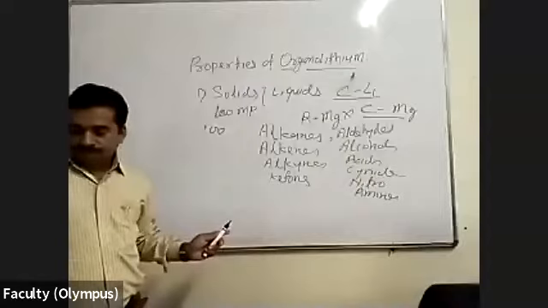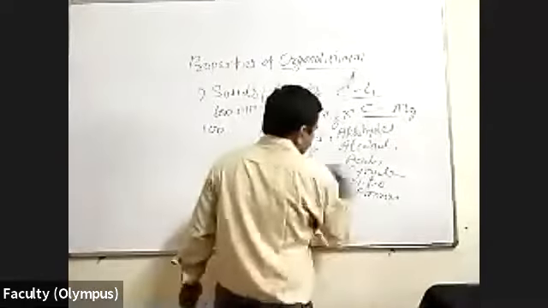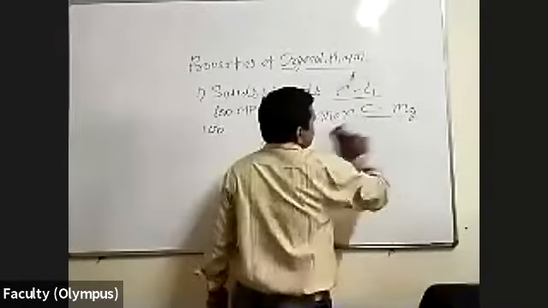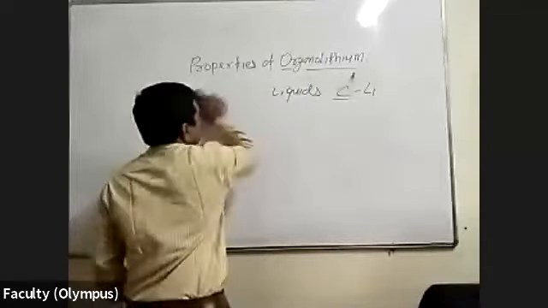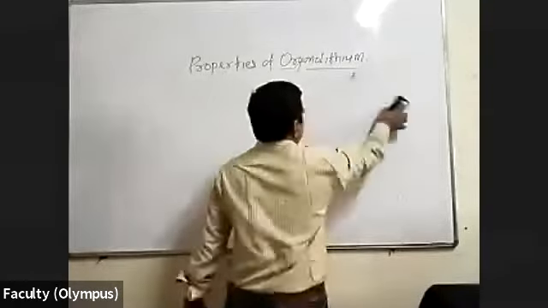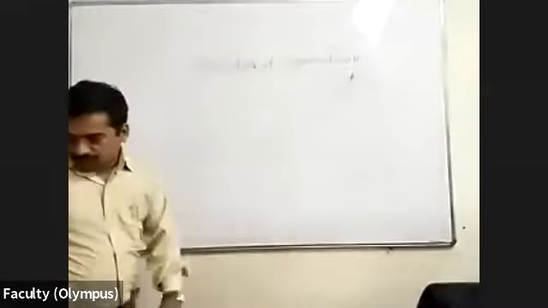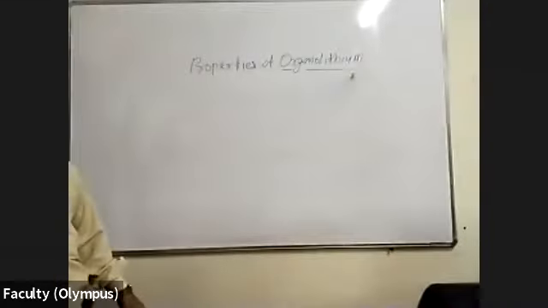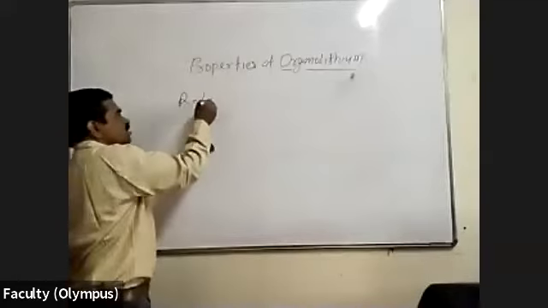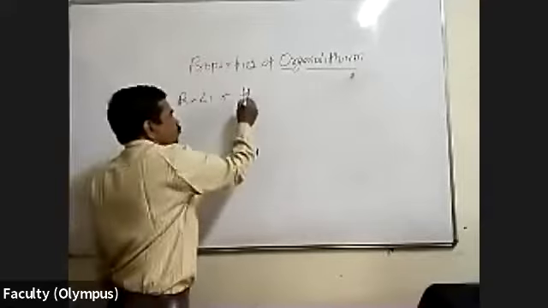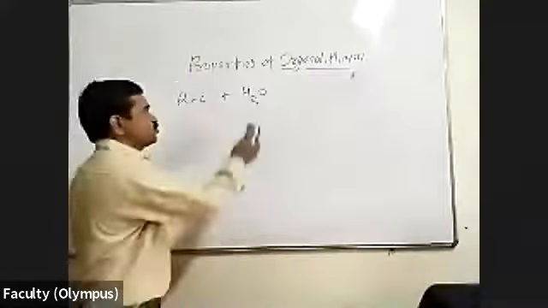So this reacts with water. Organolithium compounds react with water. What would be the product when it reacts with water? RLi plus H2O. This H2O can be written as HOH.